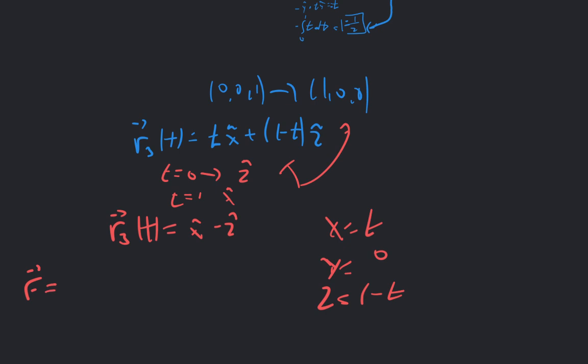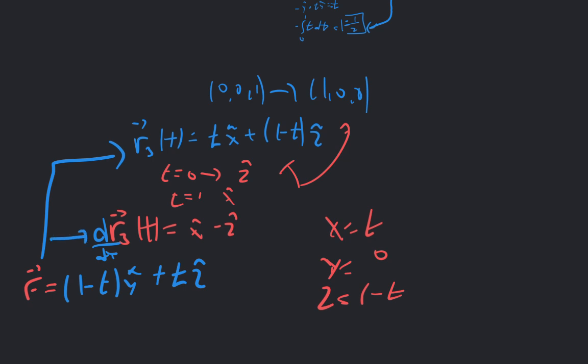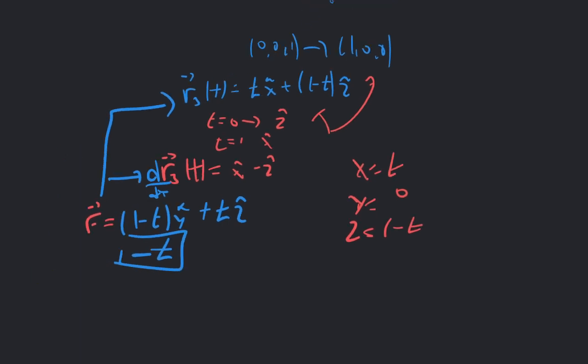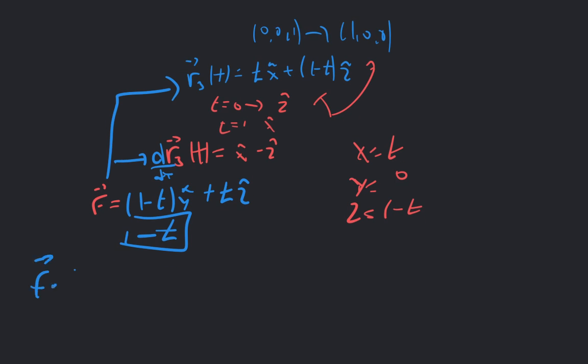So f then is going to be 1 minus t y unit plus t z unit, and we're going to dot that with our dr3 of t, and that just gives us minus t again, or f dot dr is equal to minus t.